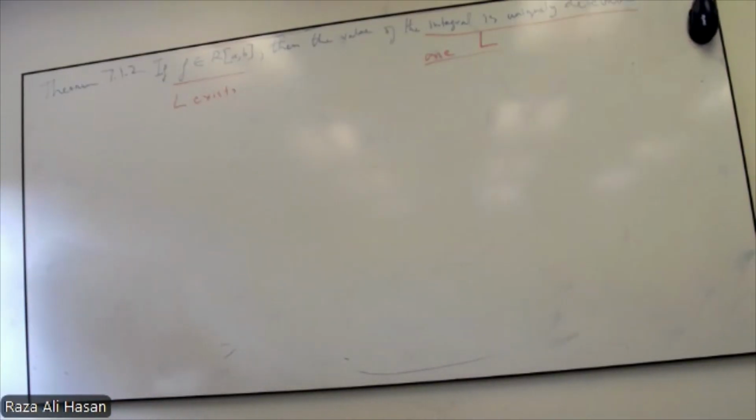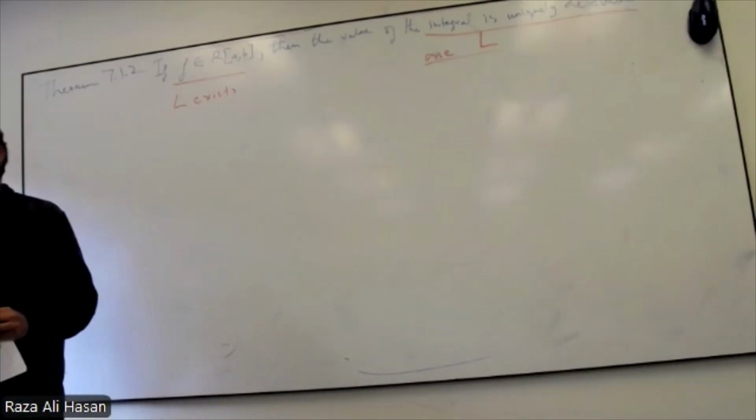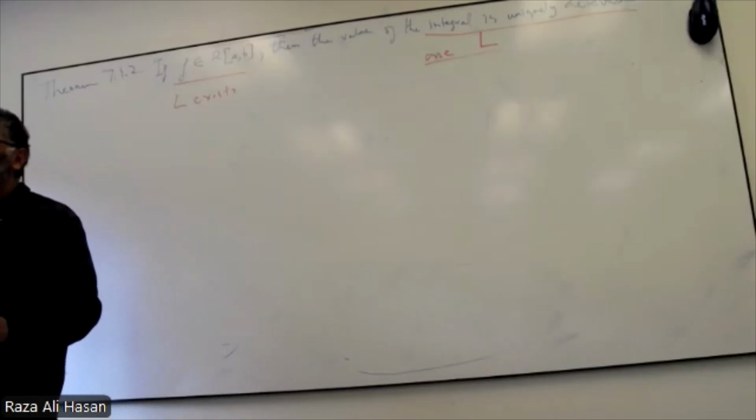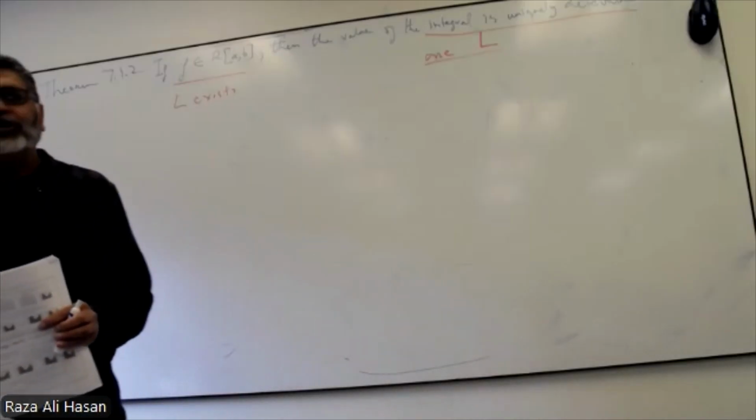Okay, if L exists, how do we write down the math for that? Well, to prove that L exists? No, we assume it exists. That is a given. L exists. How do we express it?